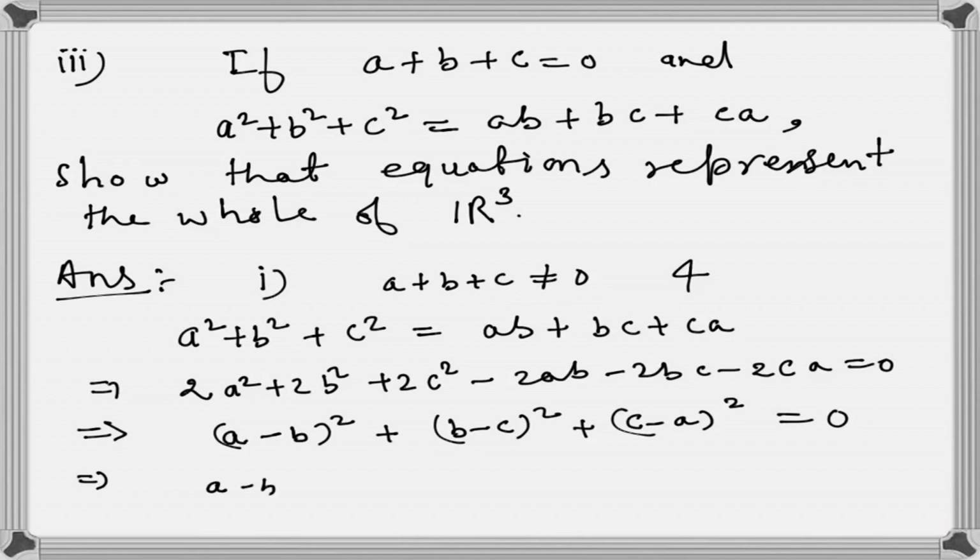This implies that a − b is 0, b − c is 0, c − a is 0. So a equals b equals c, and because a + b + c is not 0, this is not equal to 0. We obtained that a equals b equals c.